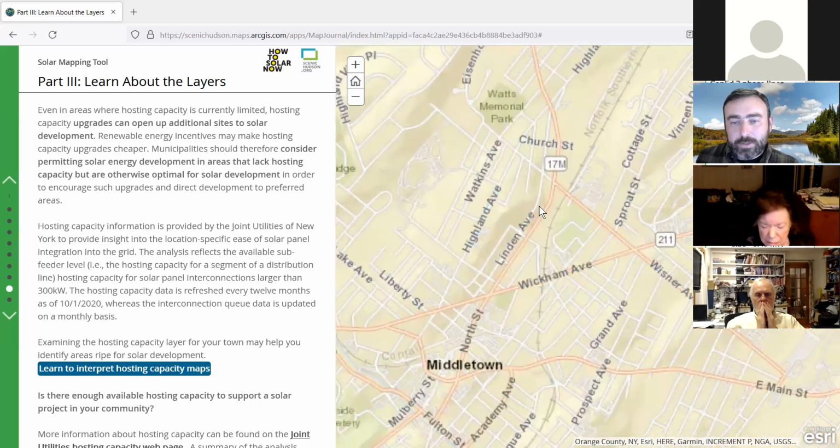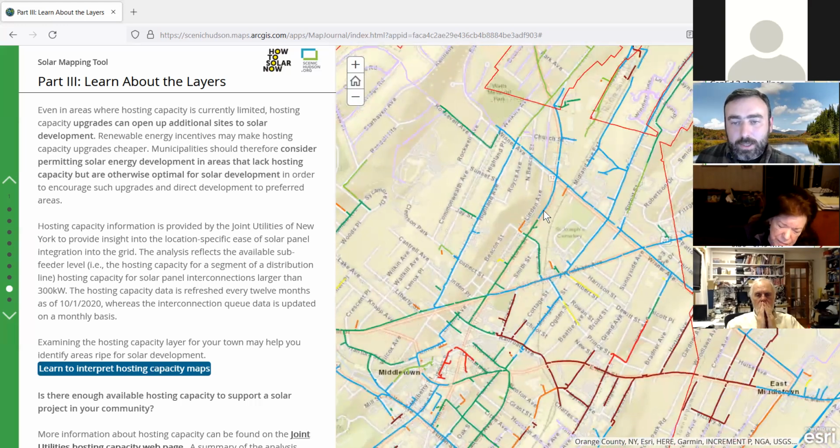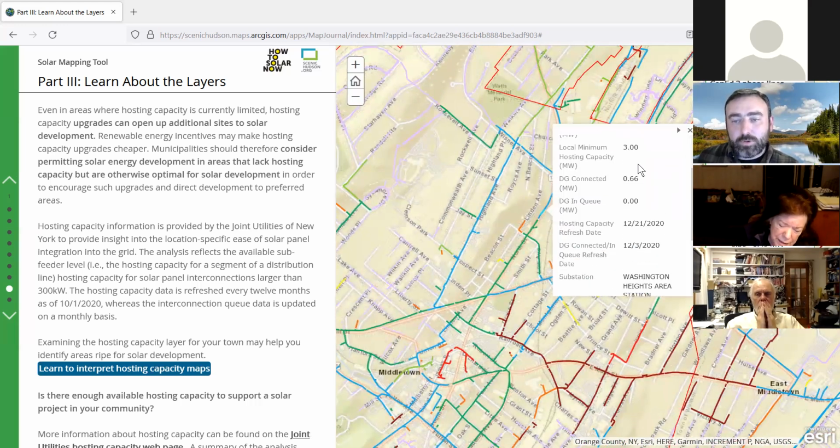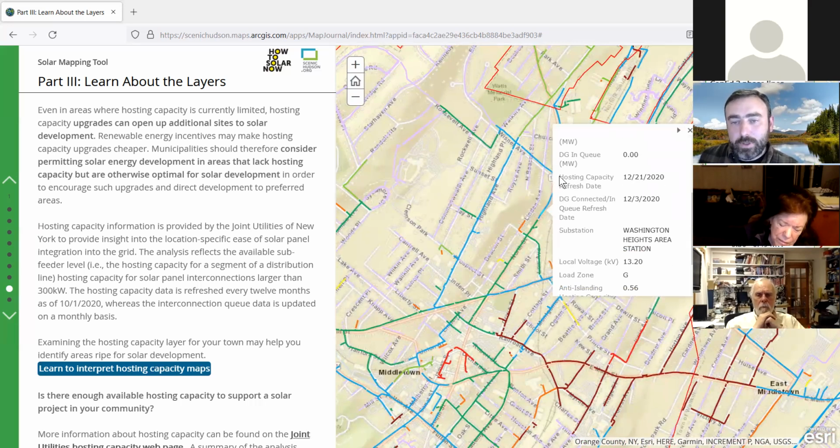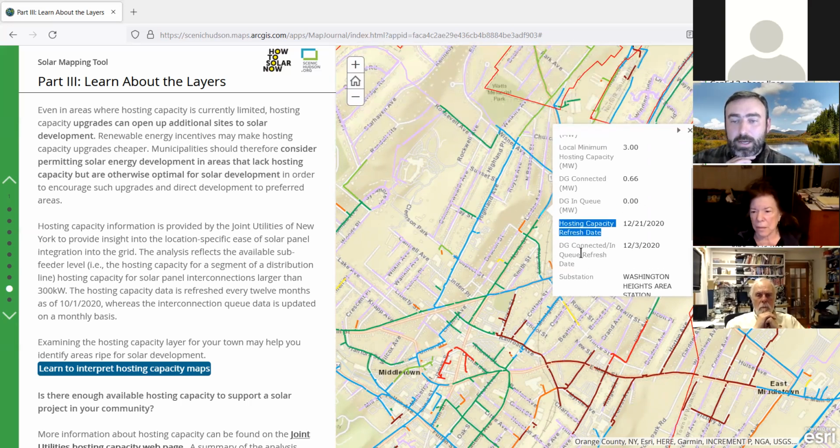So zooming back into Denise's question, if you scroll down in your pop-up, you have the hosting capacity analysis refresh date. So the last time they did the major analysis was December of last year. And then the refresh date on what's in queue and what's been connected since this hosting capacity analysis.